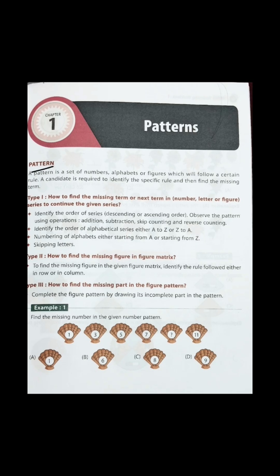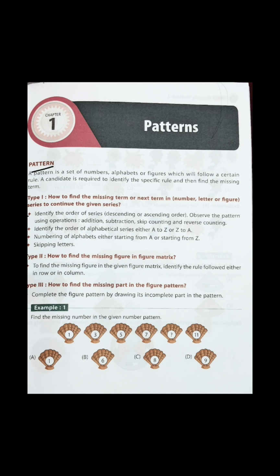Type 1. How to find the missing term or next term in number, letter, or figure series. To continue the given series, identify the order of series, descending or ascending order.